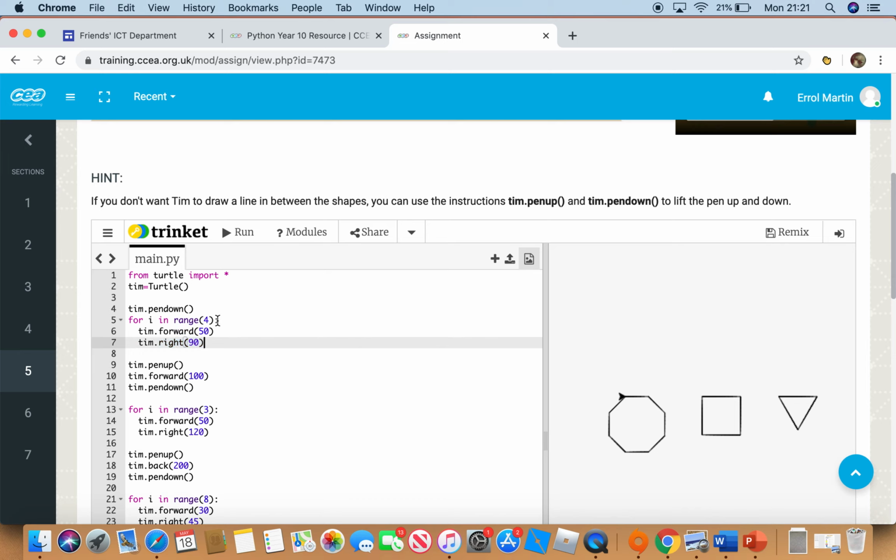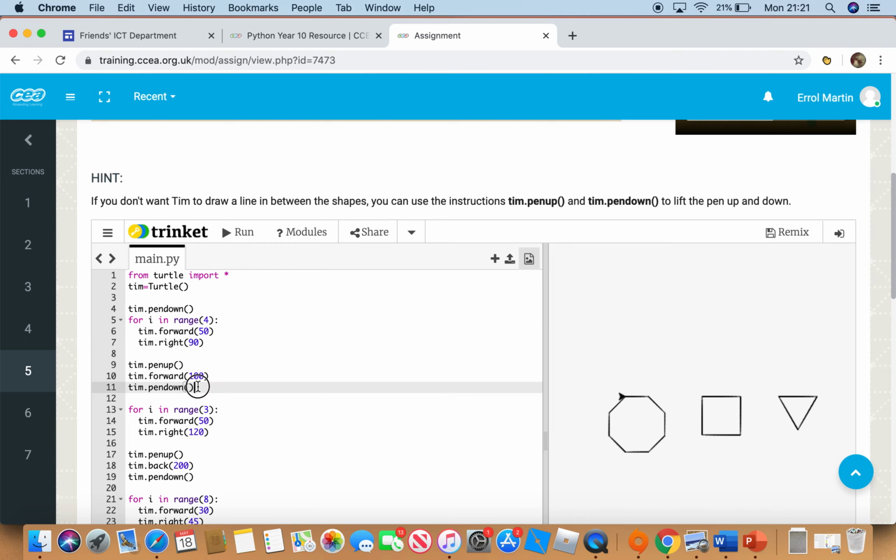So that particular set of instructions was to be repeated 4 times. And that gives us the 4 sides. So Tim starts here, 50, 90 degrees, 50, 90 degrees, 50, 90 degrees, 50, and 90 degrees. And that's him facing this direction.